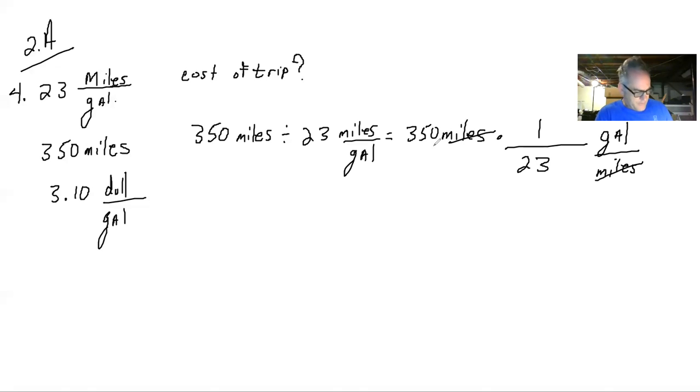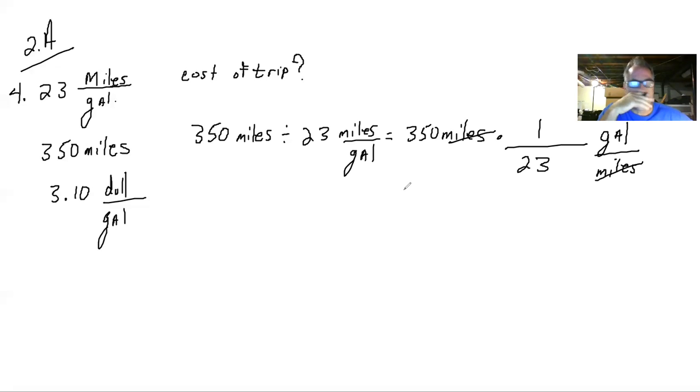350 divided by 23. And that's going to get me, and this is where you always want to be a little bit careful with rounding if you have to do multiple operations. What I always say is I don't round at all until the very last.